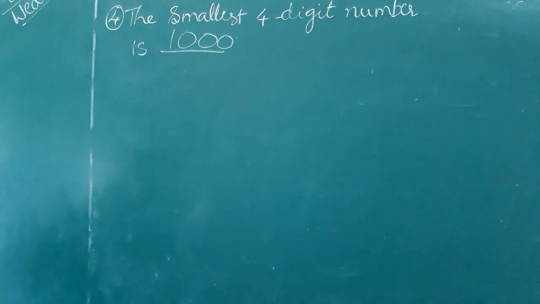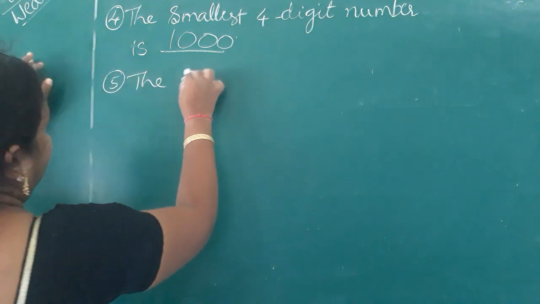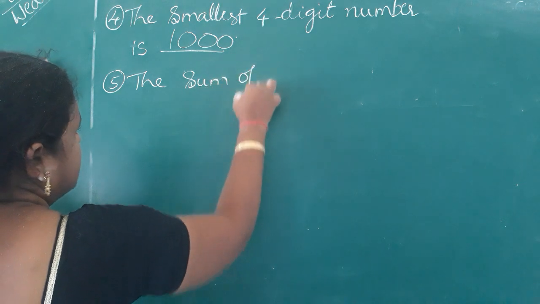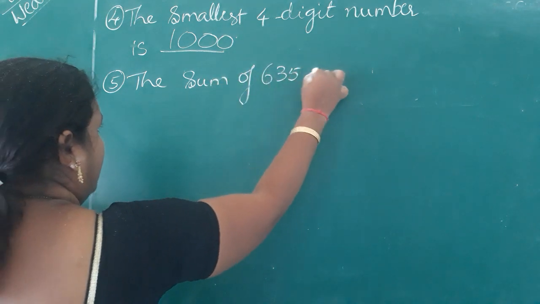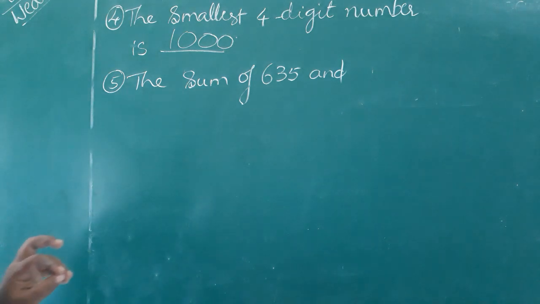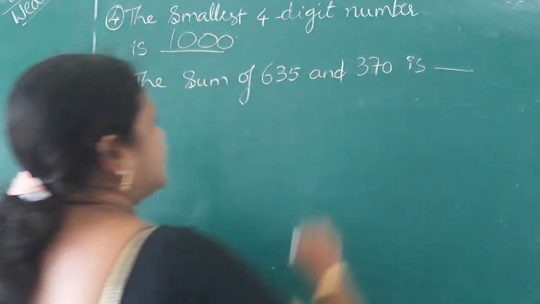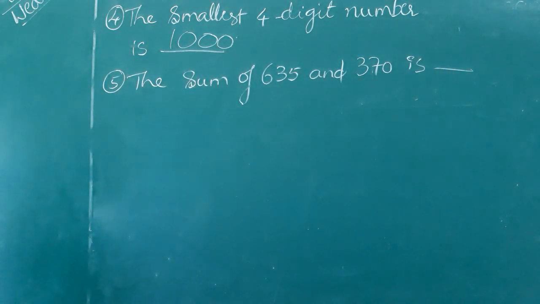The sum of 635 and 370 is. What is meant by sum of? Sum means the resulting number in addition is called sum.